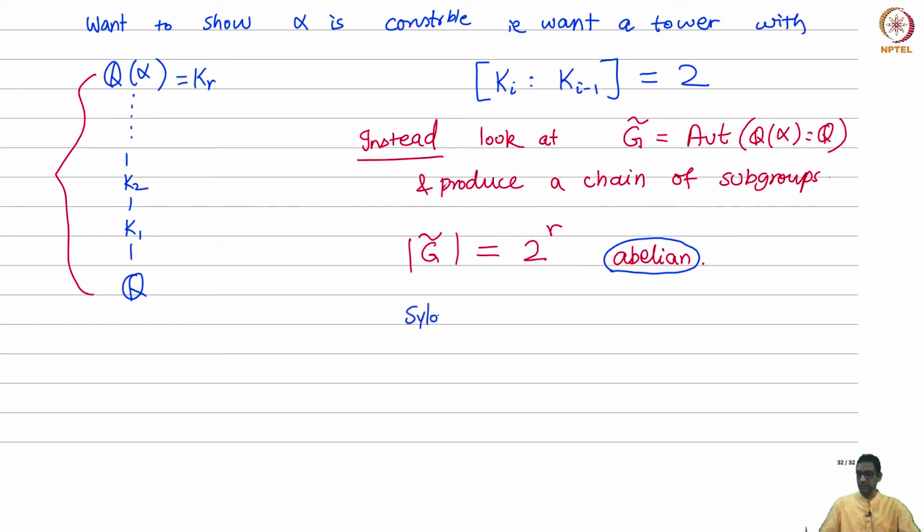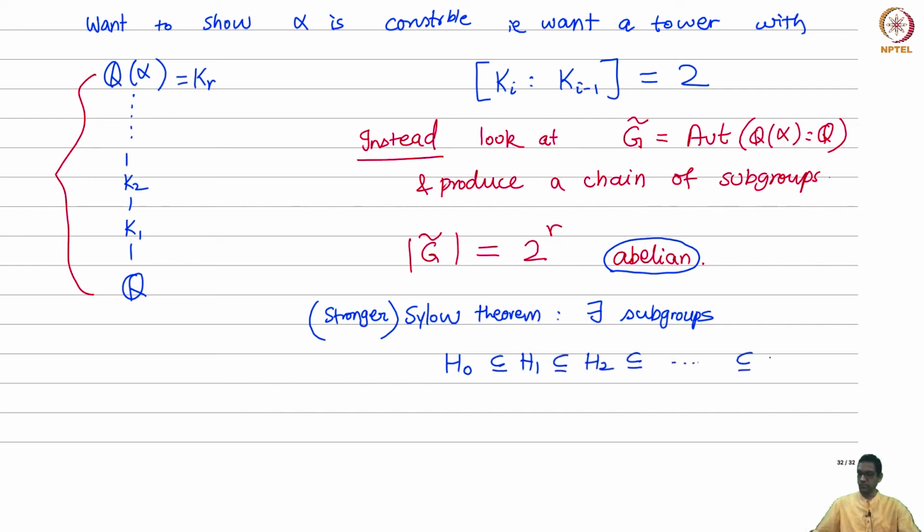So let me just say, for example, the stronger form of Sylow's theorem says that there exist subgroups, in fact there's a chain of subgroups, of the following form: H0 contained in H1 contained in H2 and so on, Hr, such that the cardinality of each Hi, in this final group G tilde, is just 2 power i.